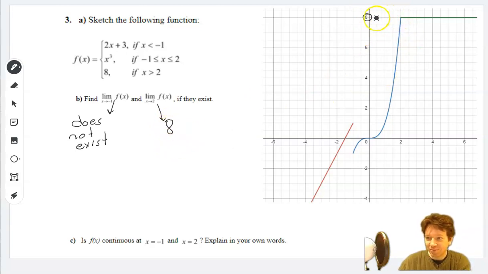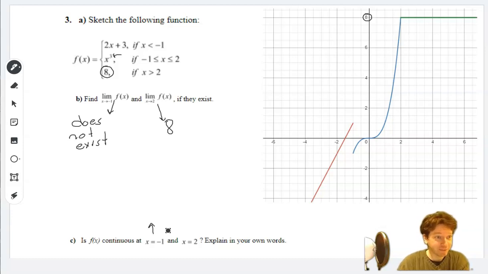If it doesn't appear perfectly nicely on the graph, you can always just look at it and say, oh, 8. Or if I don't have something nice like that, you can substitute 2 in here. 2 cubed is 8. Then it says, is the function continuous at these points? Okay, well this one's definitely not continuous because the limit doesn't exist. Remember, for something to be continuous, the limit must exist and your function must exist at that point.